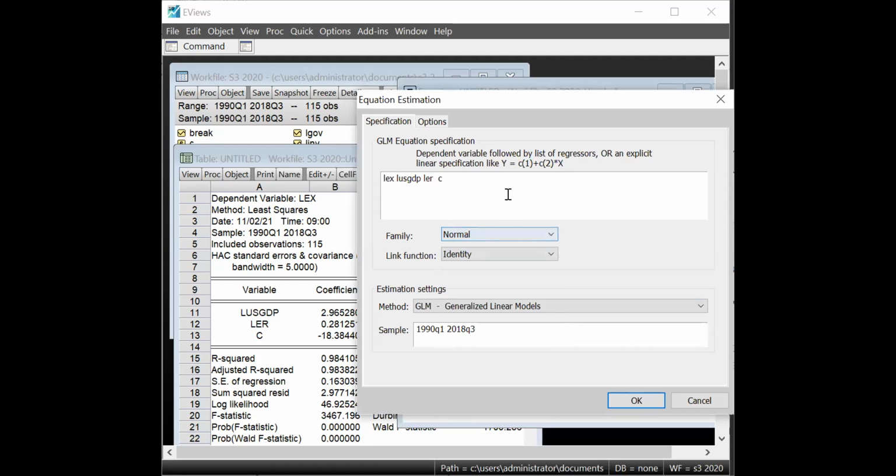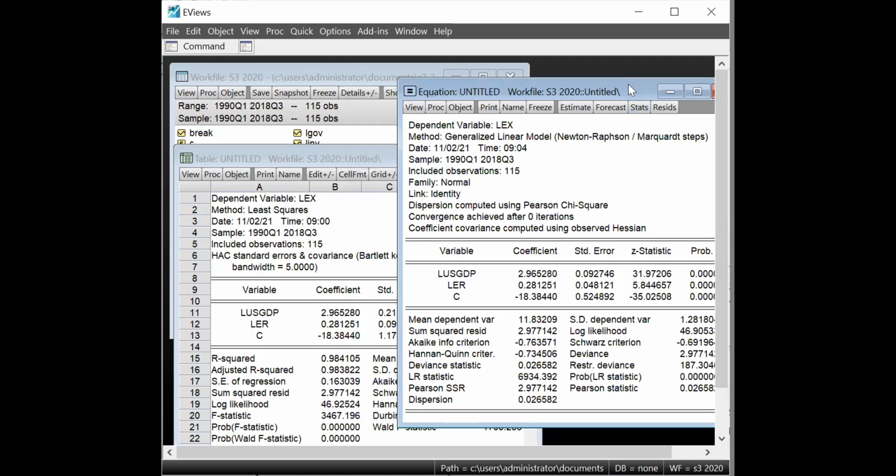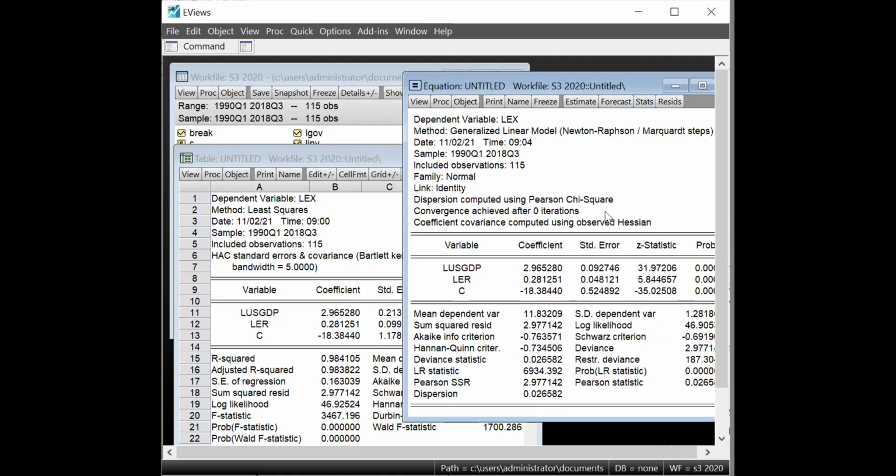In the previous one, the generalized linear model, for example this one, we have almost the same, exactly the same. So don't worry if you have a problem with your data.